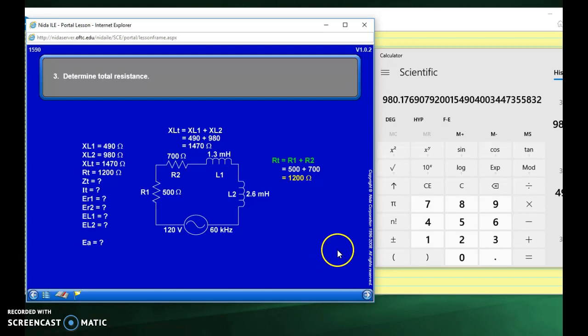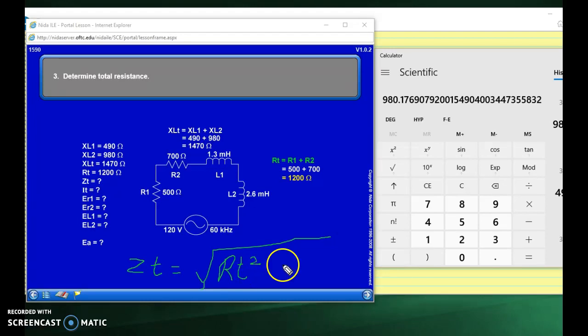Now we've got to get ZT. And remember, ZT is this formula. So we've got to make sure we're using it. ZT equals the square root of RT squared plus XL squared.